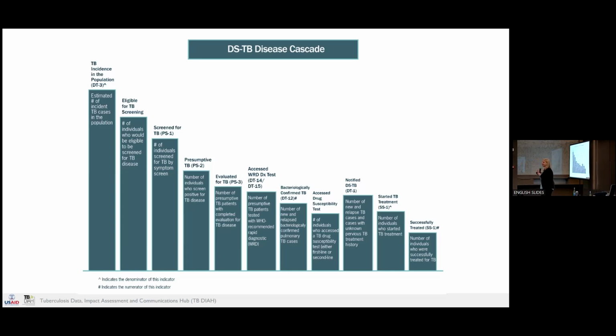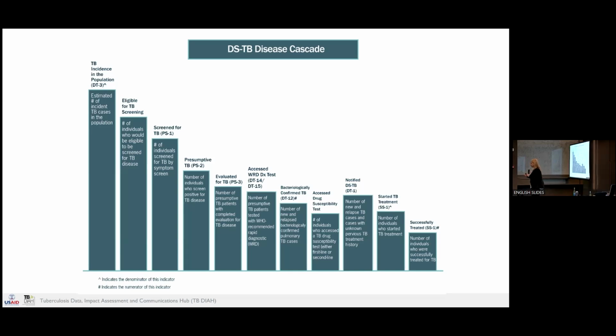The screening cascade should start from eligible to be screened, so those who are supposed to undergo screening. So you yourself understand that some cascades can be misleading, providing not very correct and not very accurate information. And that's exactly when we talked about the limitations.